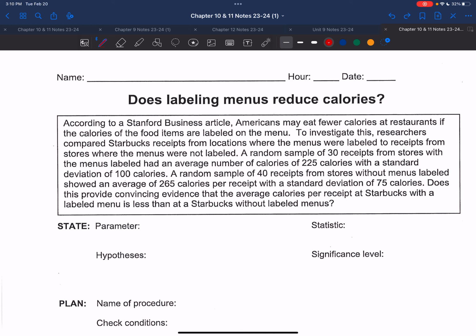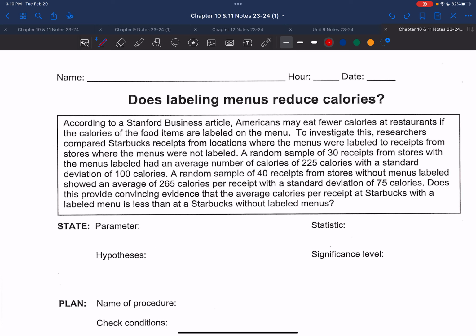A random sample of 30 receipts from stores with menus labeled had an average of 225 calories with a standard deviation of 100 calories. A random sample of 40 receipts from the store without menus labeled showed an average of 265 calories per receipt with a standard deviation of 75 calories. Does this provide convincing evidence that the average calories per receipt at Starbucks with a labeled menu is less than at a Starbucks without labeled menus?